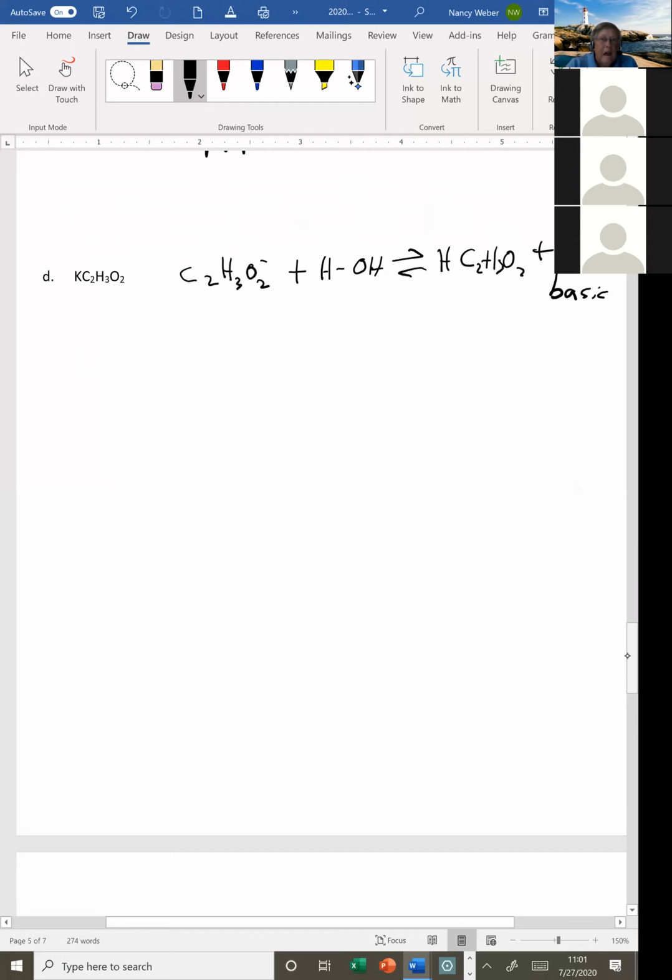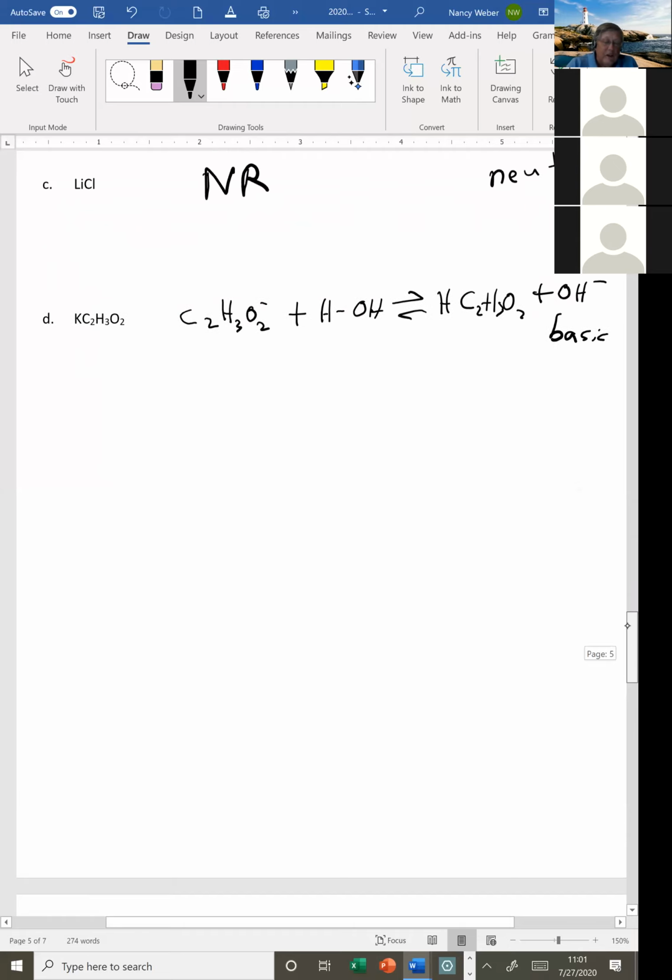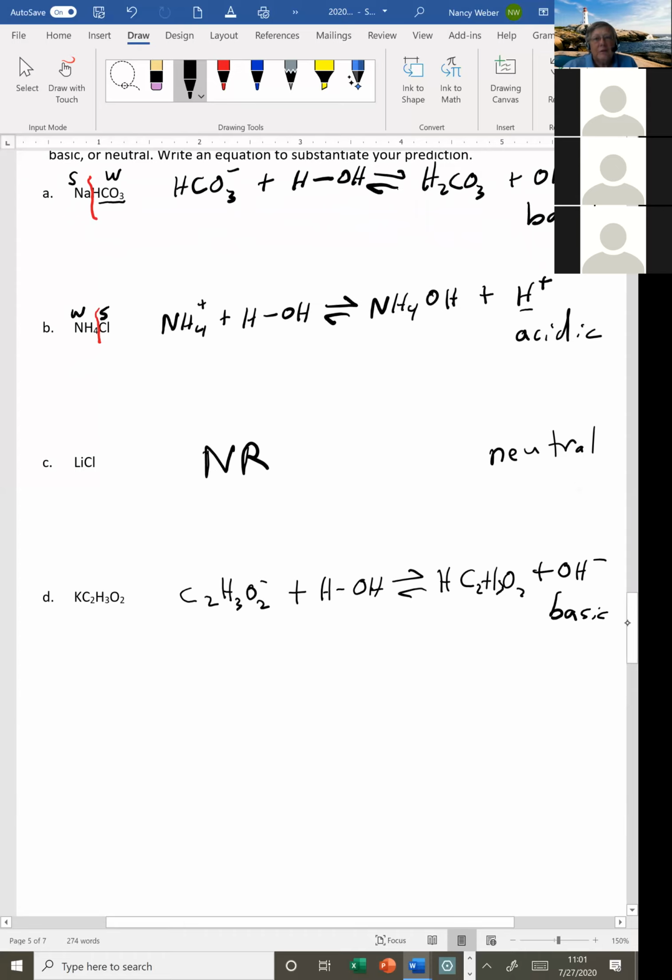Okay. Now, you feel fairly comfortable with this chapter, I hope. I am not going to cover titrations. I didn't put a buffer problem on, but it's basically the weak acid problem.